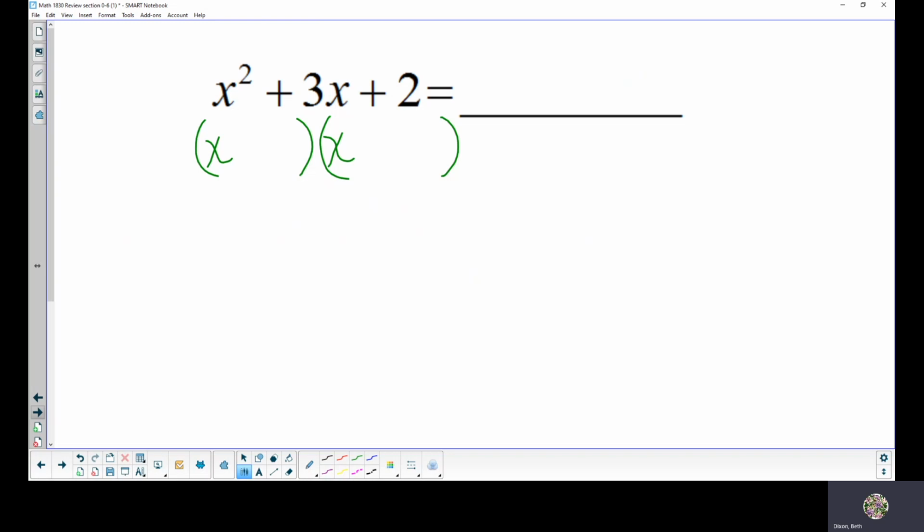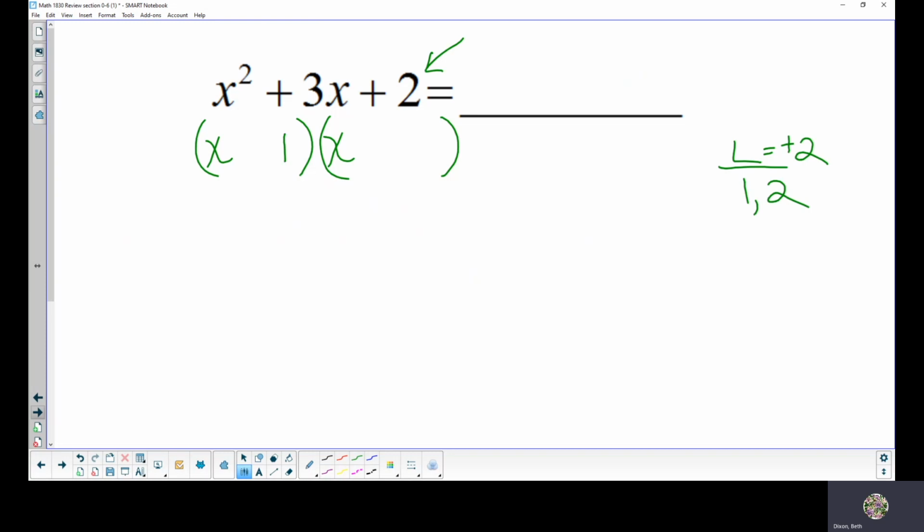Well, you want to start not at the middle, but at the end. We multiply to get the last term and add to get the middle term. So the last term is a positive 2. So if that last term is a positive 2, the only things that multiply to give you 2 are 1 times 2.